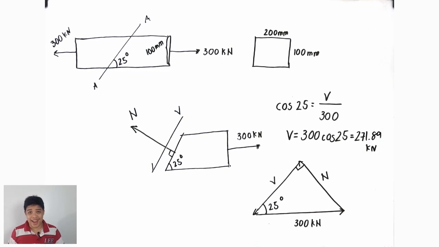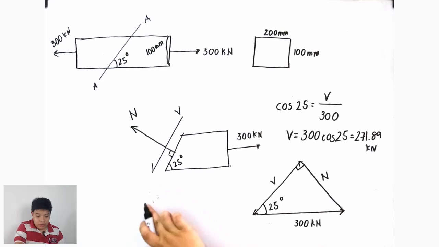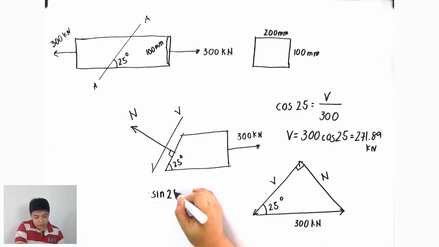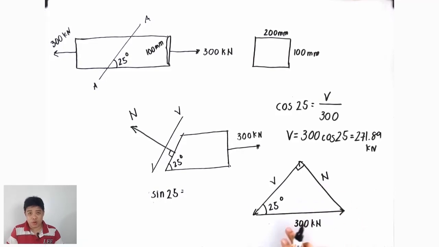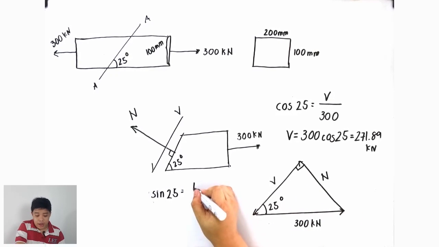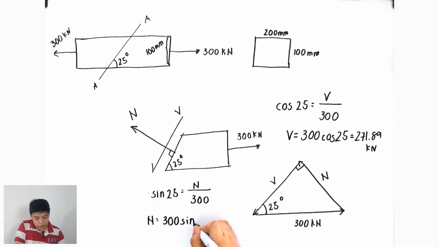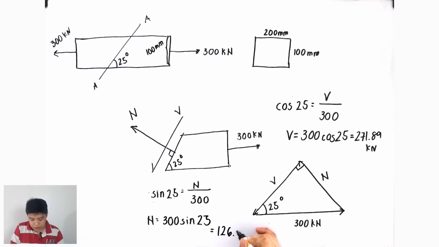And of course, for N, for the normal force, you can use that sine 25 is equivalent to opposite over hypotenuse. So that is N all over 300. Therefore, N is equal to 300 sine of 25, which is equal to 126.79 kilonewton.